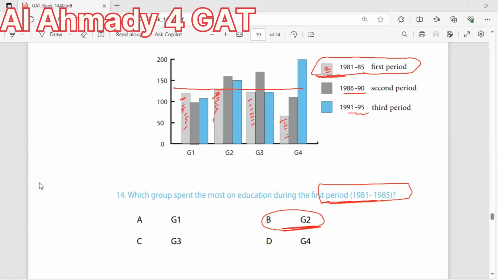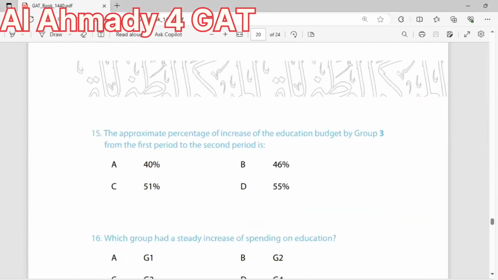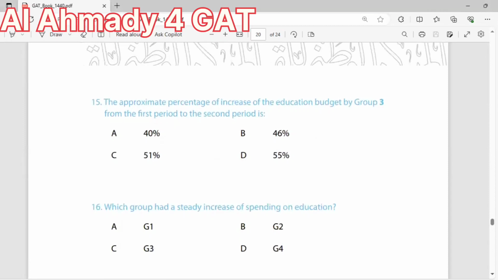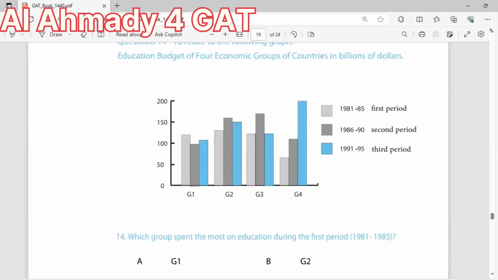Second question. What is the approximate percentage of increase of the education budget by group 3 from the first period to the second period? He asked me to find the increase by group 3. In the first period, it's about 125.